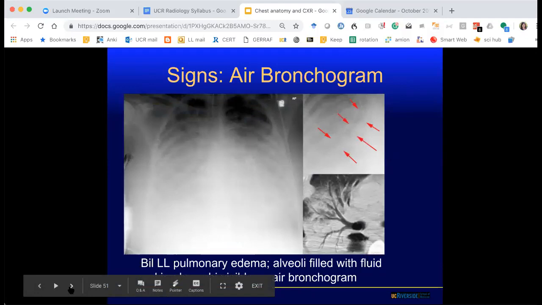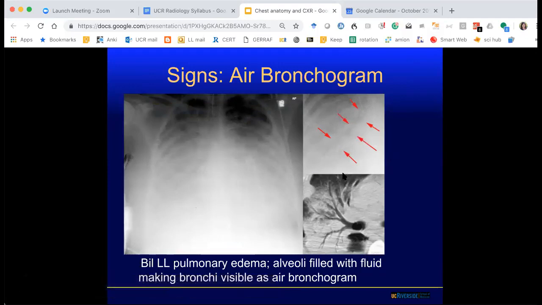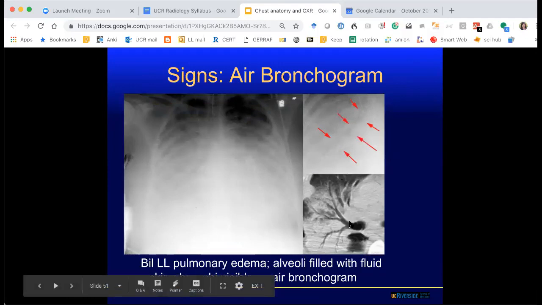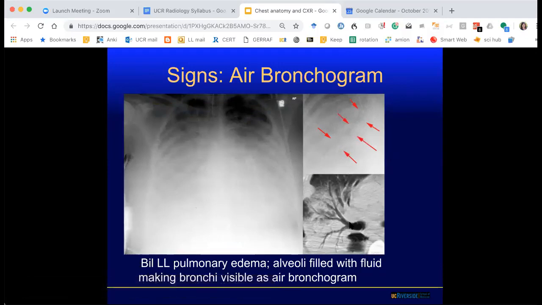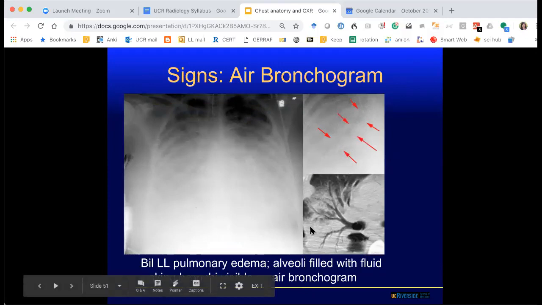Bronchograms. There are other signs. Another one is called air bronchogram. Normally we can't see the central and peripheral airways. But sometimes if there is an abnormality, structures that we normally don't see become apparent because of abnormal infiltrates. Here there's an infiltrate in the parenchyma itself.